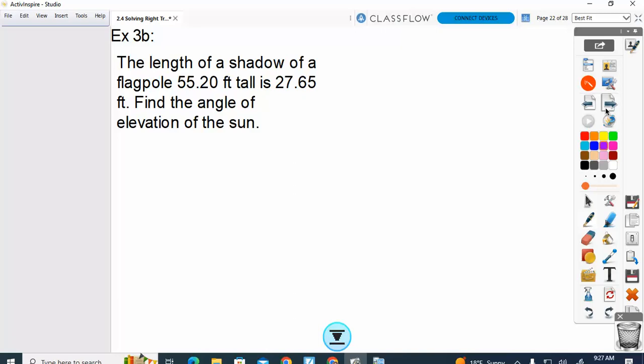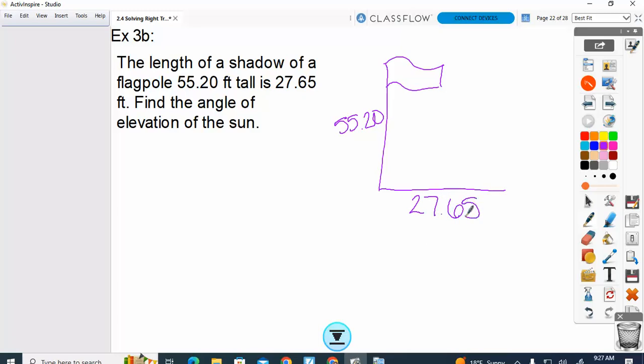We've got a flagpole. Okay, I know that flagpole is 55.20 feet tall. Where does the shadow go? On the ground. 27.65. We can assume that the flagpole is standing straight up, so that would be a right angle. I want the angle of elevation of the sun.